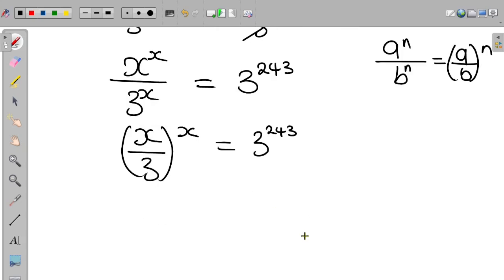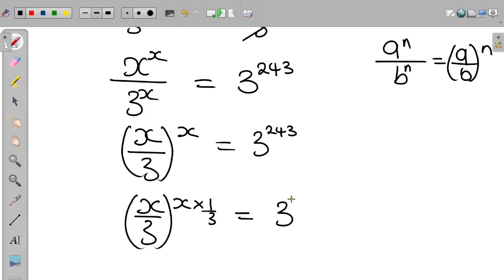So at this point, we multiply both sides of the index by 1 divided by 3. So we have that x divided by 3 all to the power of x times 1 divided by 3 is equal to 3 raised to the power of 243 times 1 divided by 3.